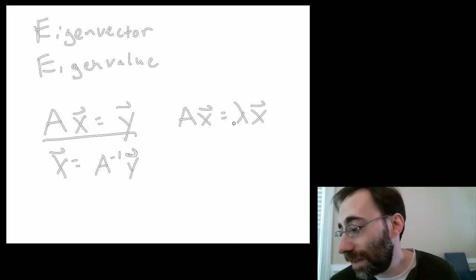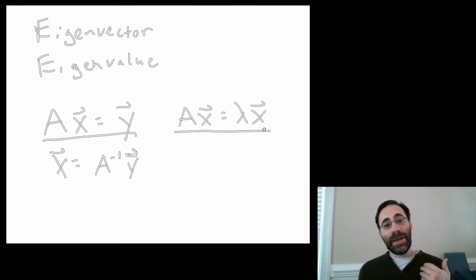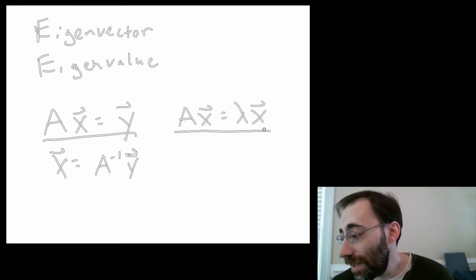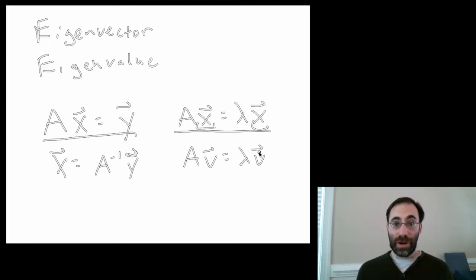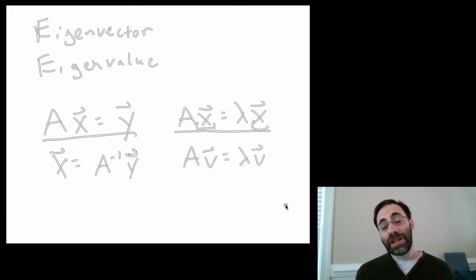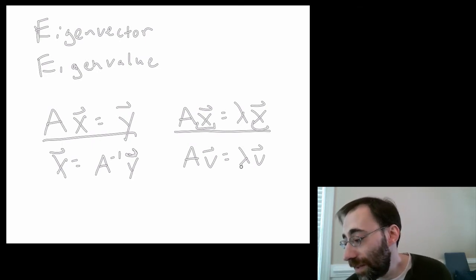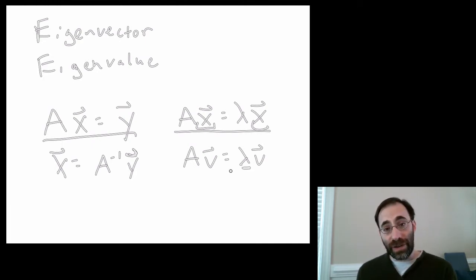This thing here is an eigenvalue or eigenvector equation. It specifies what the eigenvectors of the matrix are. These x's here are eigenvectors, and often you see a v used instead of an x. Obviously the same thing, doesn't matter what you call them. But this is an eigenvector equation. It's also an eigenvalue equation. This lambda here, this letter lambda, is an eigenvalue corresponding to the eigenvector v.